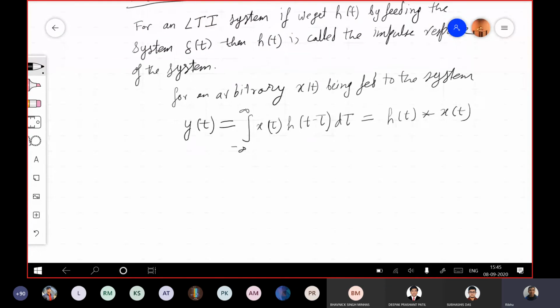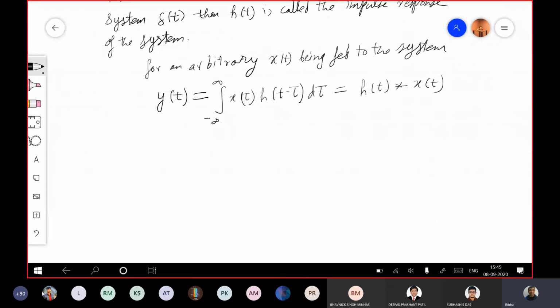Now we'll consider the special case where x(t) equals e to the power j 2 pi f naught t.